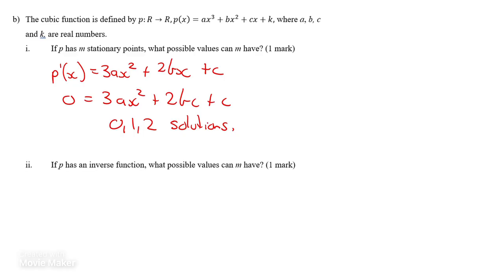So if we're thinking about an inverse function, it needs to be a one-to-one function, which means we are going to be having it either with a stationary point, so that's a terrible graph, or with no spot where we've got a stationary point. So that means if we're talking about stationary points, it's either a 0 or a 1.